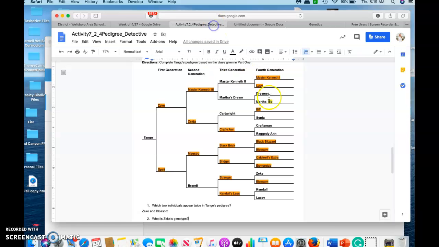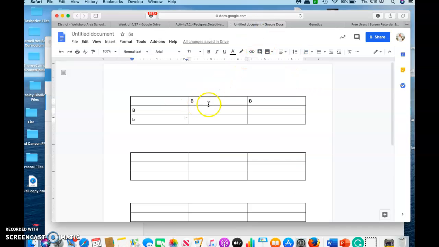If we start with the mating of Martha and Dreamer to get Martha's Dream, and we assume that Dreamer was a homozygous dominant individual, and we already know that Martha is heterozygous, if we do this Punnett square, then half are going to be carriers of that chocolate gene.